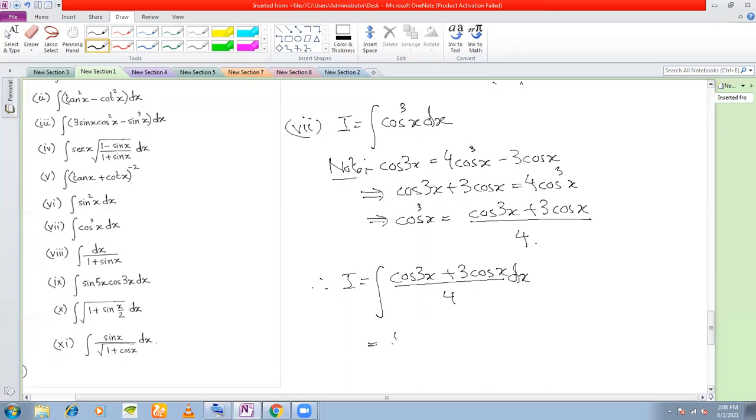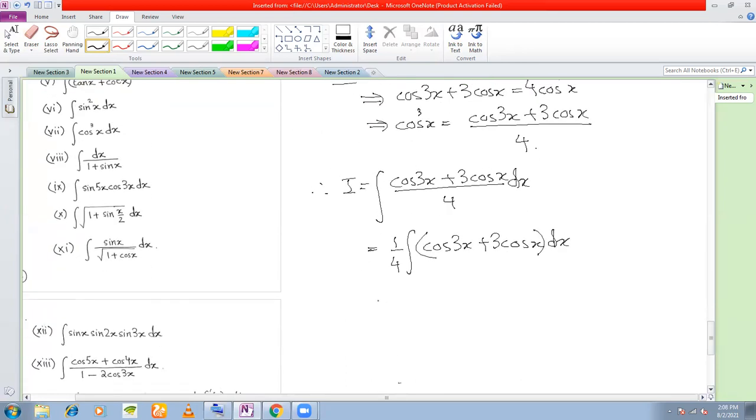Now you can take 1/4 out of the integral to write this as cos 3x plus 3 cos x dx. Now you separate 1/4 integral cos 3x dx plus integral 3 cos x dx.